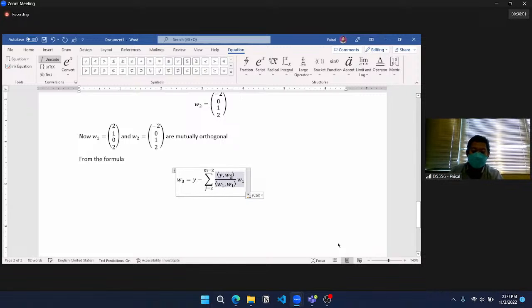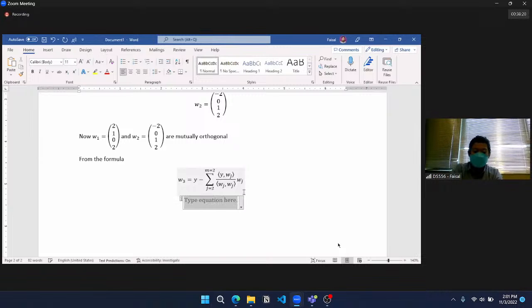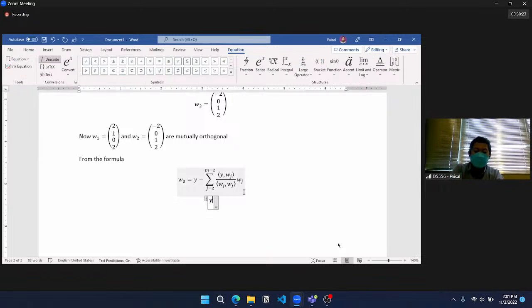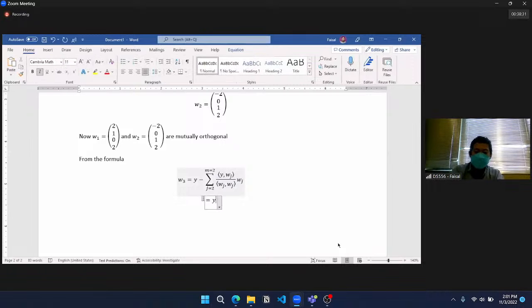Okay, so this is Y, WJ, WJ. So what is the sum if we expand this sum? So this is Y minus, we just start from J equal to 1. We substitute J with 1.